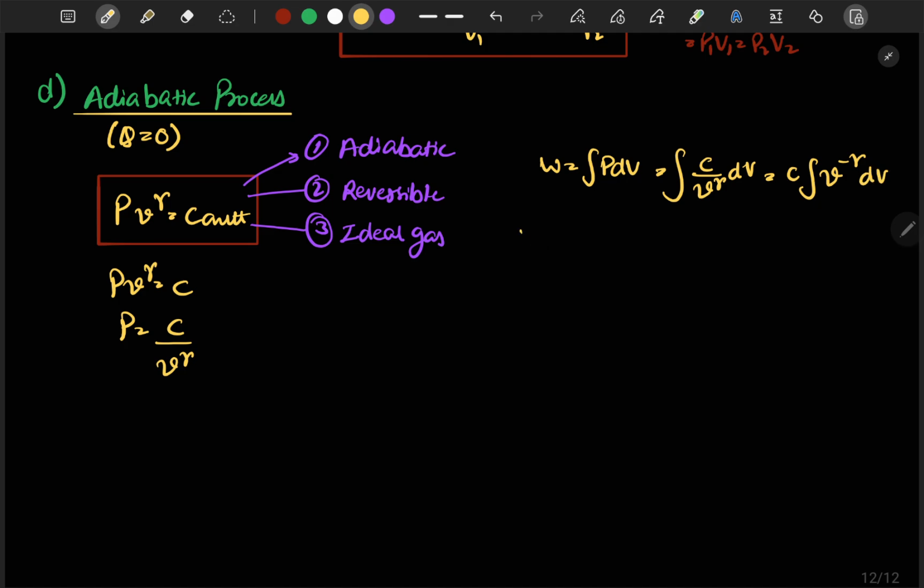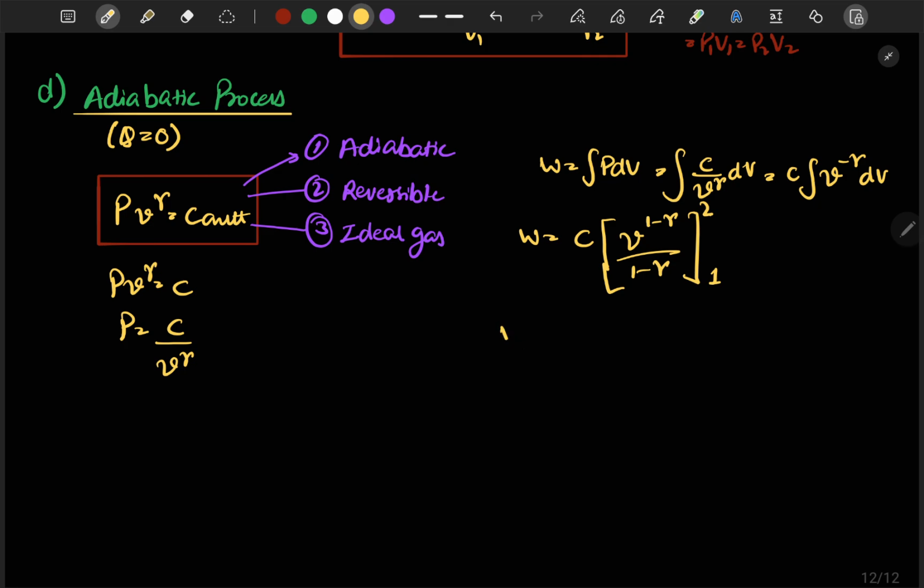So we can write work is equal to c times, when we integrate this term, we get v to the power 1 minus gamma upon 1 minus gamma from point 1 to point 2.